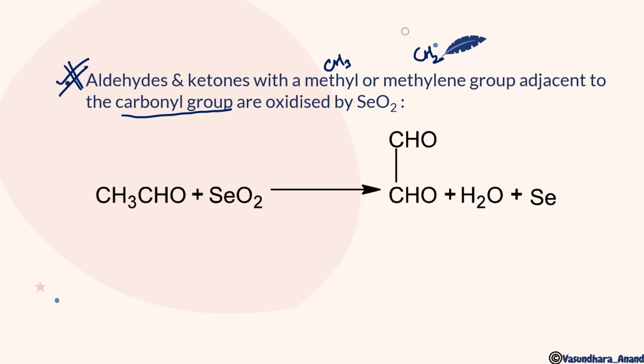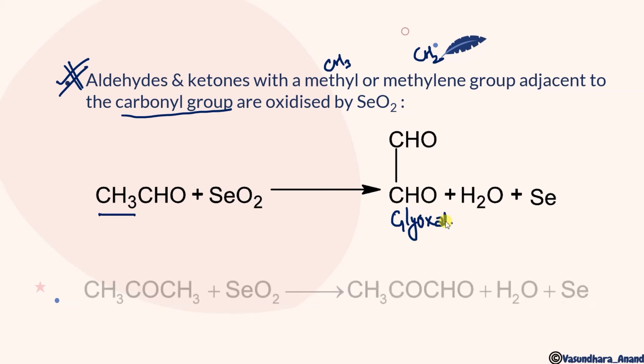Like this, it is having a methyl group. When it undergoes selenium oxide oxidation, this CH3 will oxidize into CHO form. Got it? This CH3 will convert into CHO, and this CHO will remain there. So this will form glyoxal.